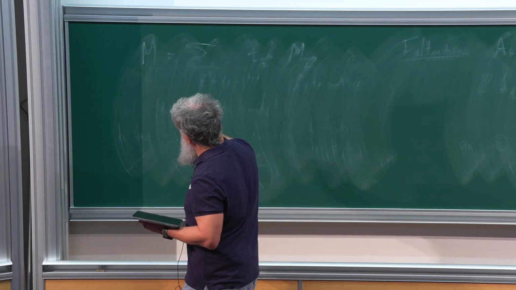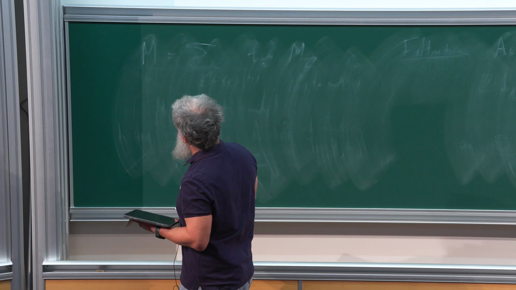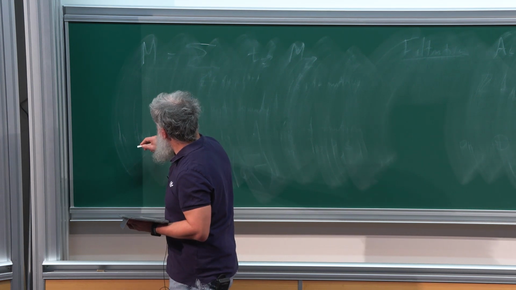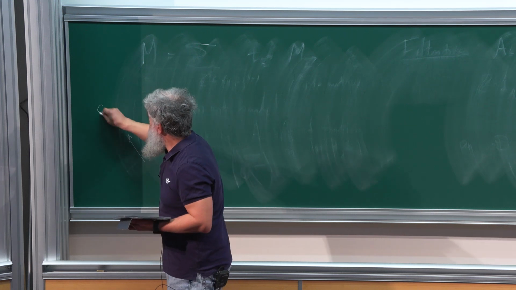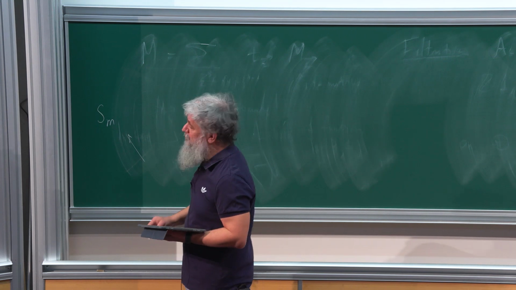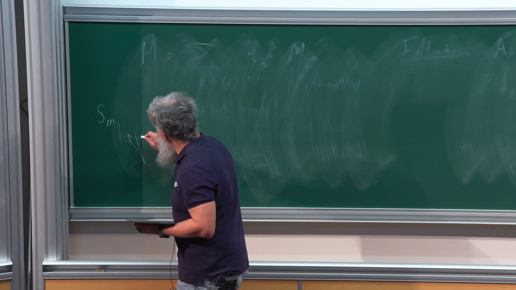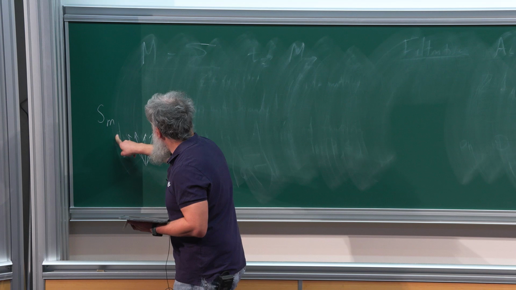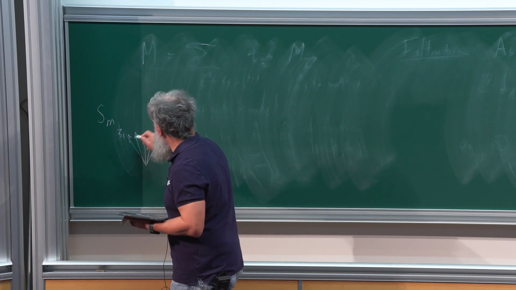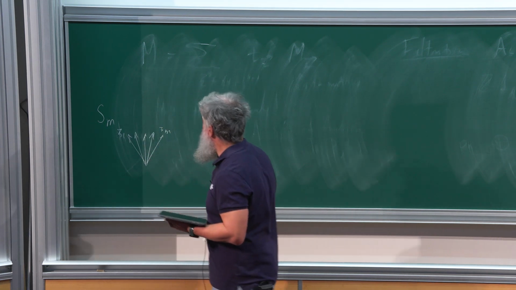So namely, we can do this pictorially. If we want to present an element in S_m, the group of permutations of m elements, we just take m vectors, c1 through cm.